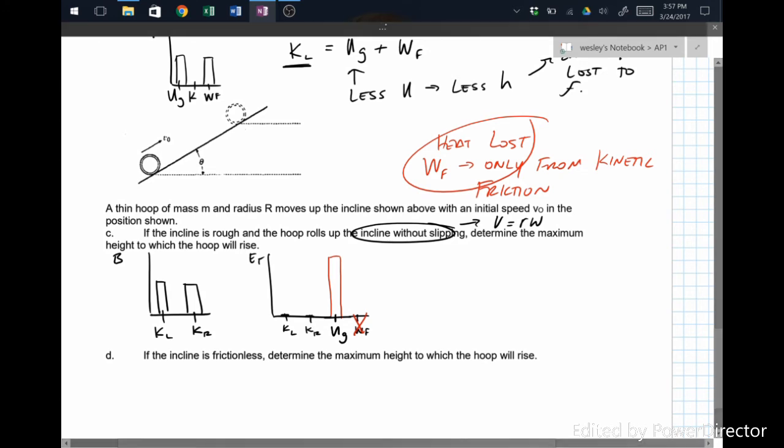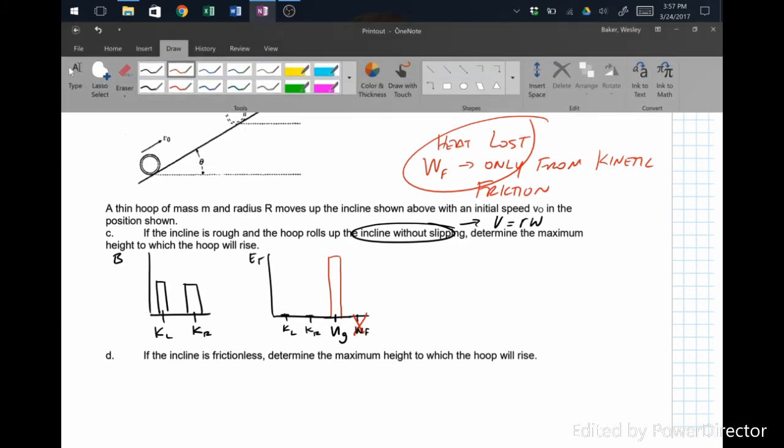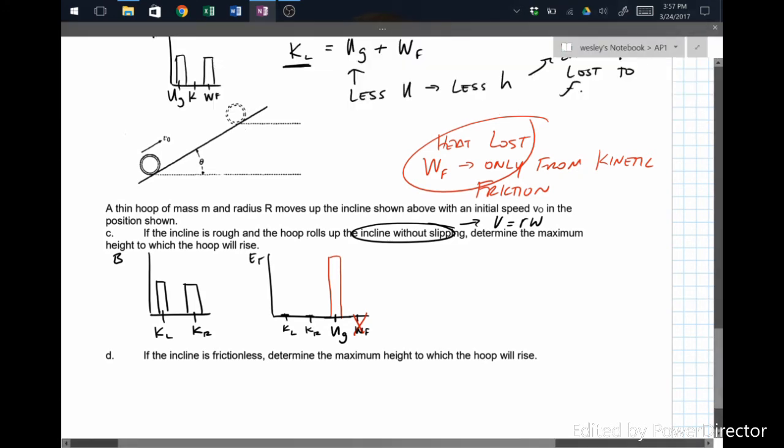What this means as far as what's doing work to make things happen, for the linear energy, gravity does work to turn the linear kinetic energy into gravitational potential energy. That's normal.